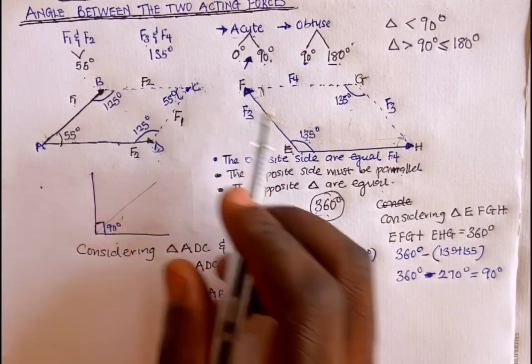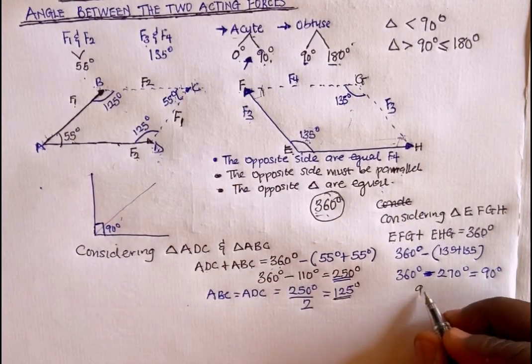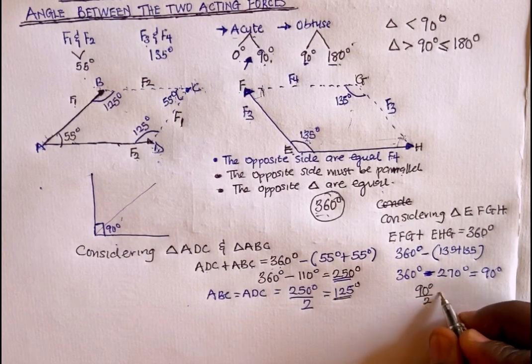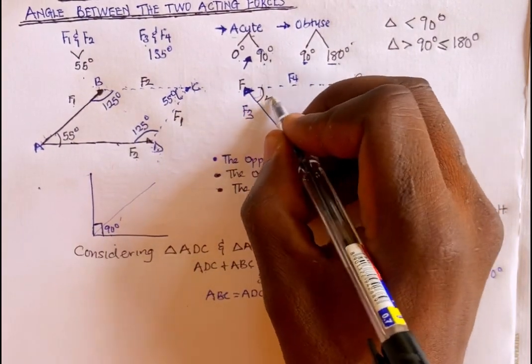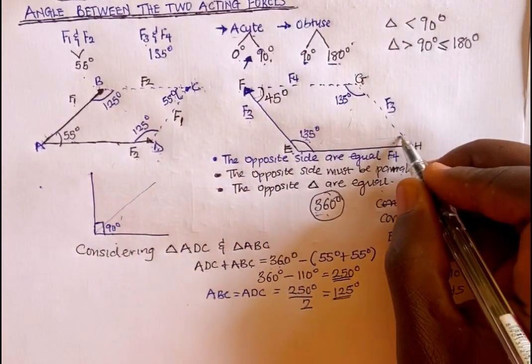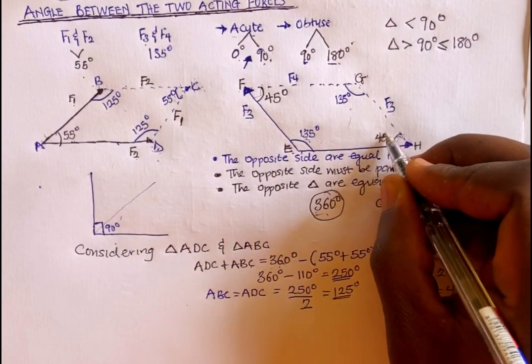Since we are dealing with F and H, we divide 90 degree by 2, which is 45. It shows that this is angle 45 degree, and this side is also angle 45 degree.